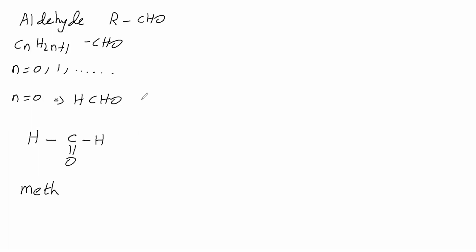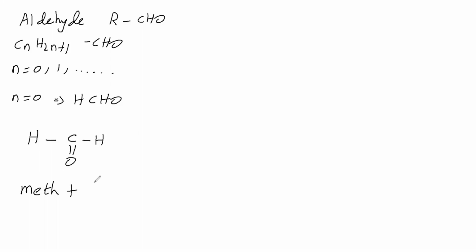Of course, this carbon is present in the functional group, even then the functional group carbon certainly comes under the parent chain. So this functional group carbon goes towards the root word. This compound contains only 1 carbon, therefore the root word is meth.